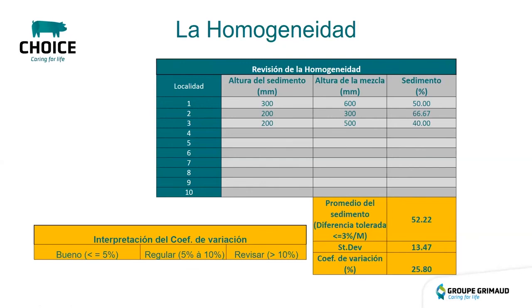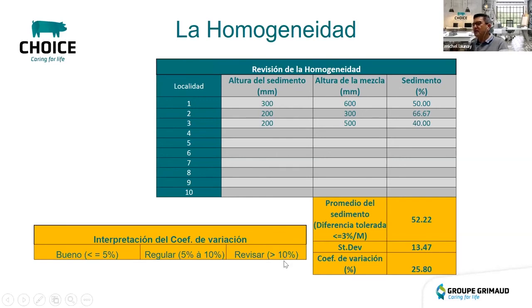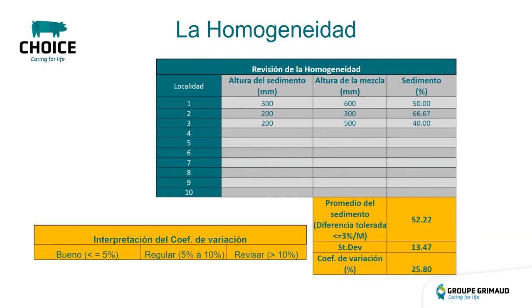Sorry, Michel, I got lost. So I say that if you have a problem in the homogeneity, that means you have a coefficient of variation higher than 10%, you have to ask your device supplier, the technical support, to come and check the device and solve the problem, because it could be a very big problem in the growth of the pigs.